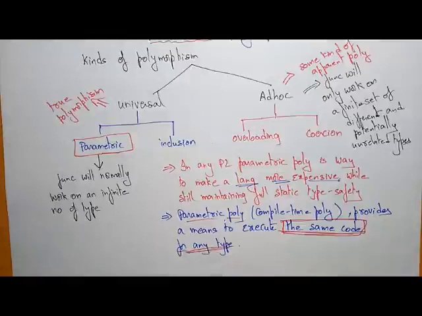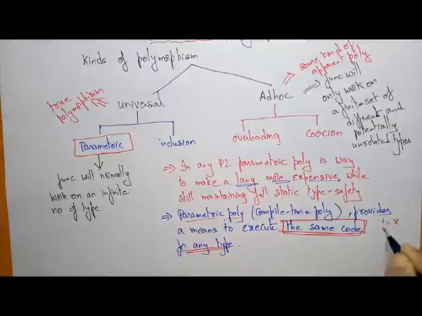Suppose you want to do swapping with different data types: integers, strings, characters, long, or float. The data types are different, but for swapping the concept is the same.